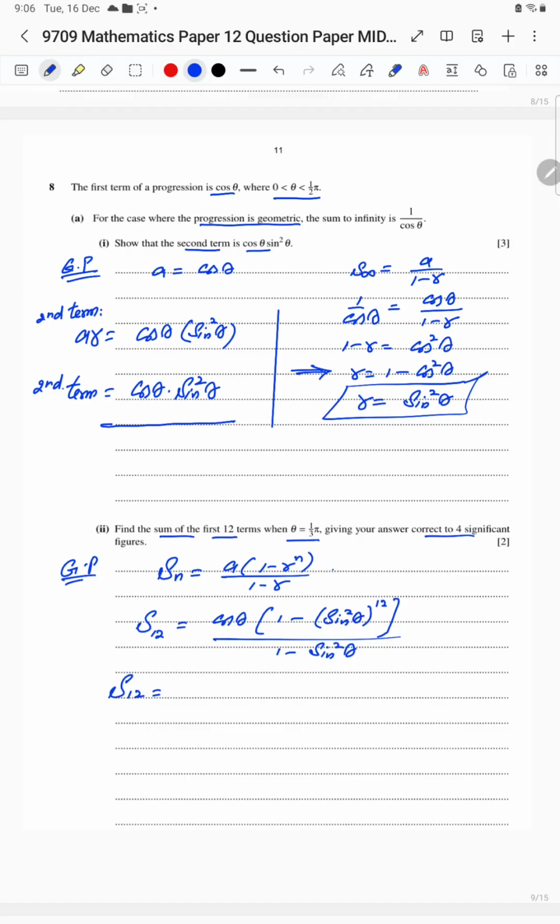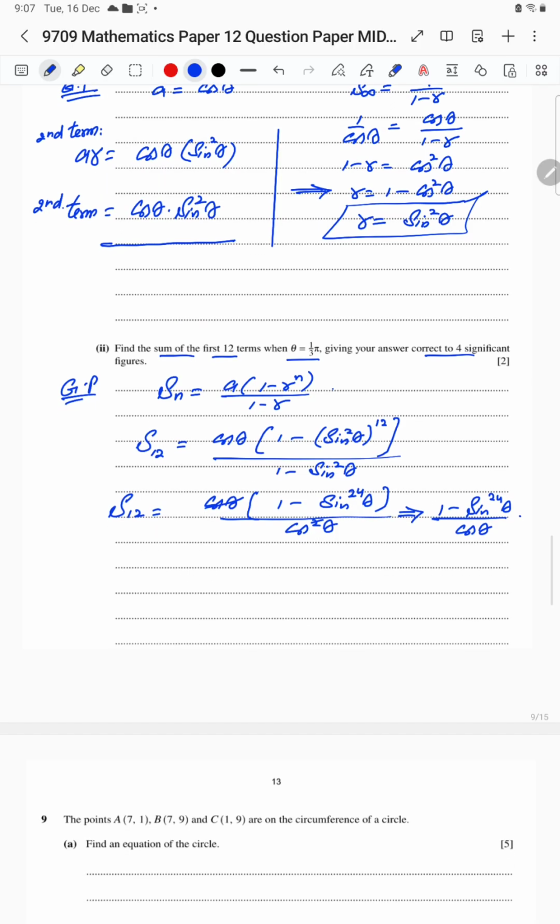So S12 will be cos theta times 1 minus sine to the power 24 theta, over cos square theta. One cos cancelled. We have the simplified form, 1 minus sine to the power 24 theta over cos theta. Now replace the angle theta here. S12 will be 1 minus sine of pi by 3 power 24 over cos of pi by 3.